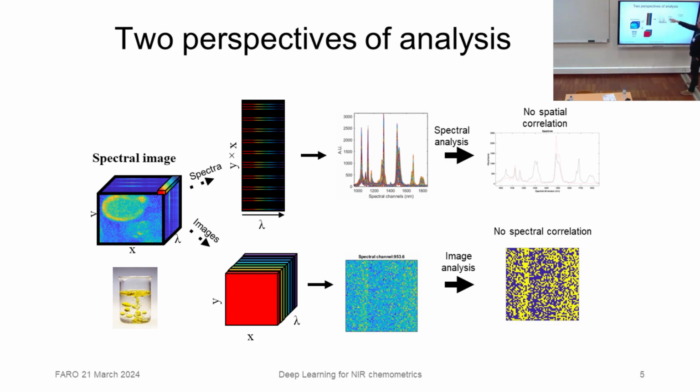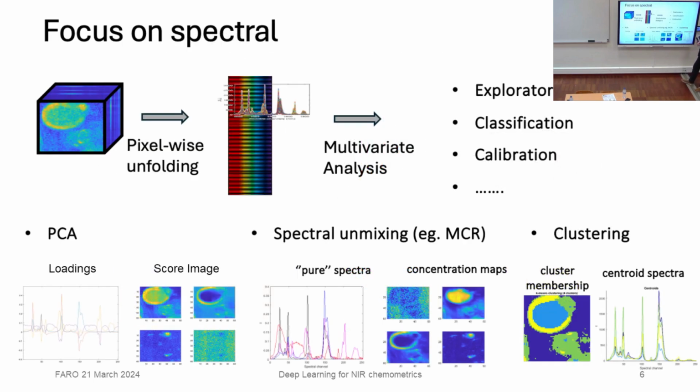That means that all the spectra you have here are completely independent. And if you do the reverse, for example, you make some texture analysis or region segmentation, you can do that on each wavelength, but there is no spectral correlation. It's a reverse.